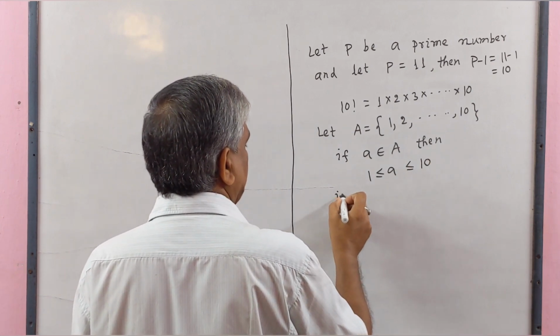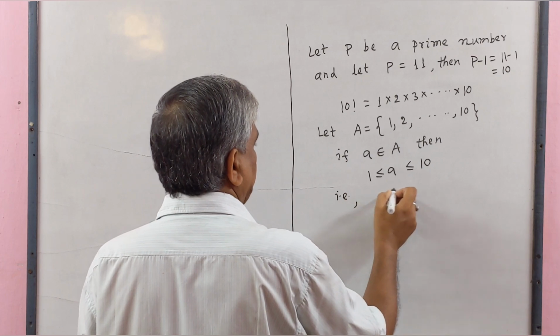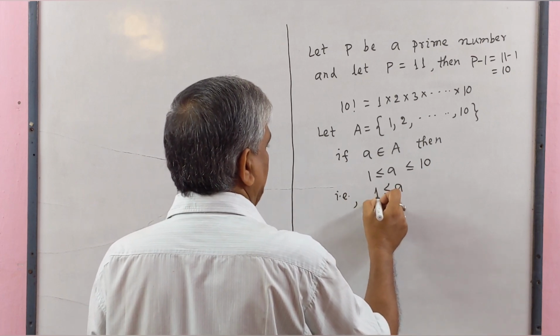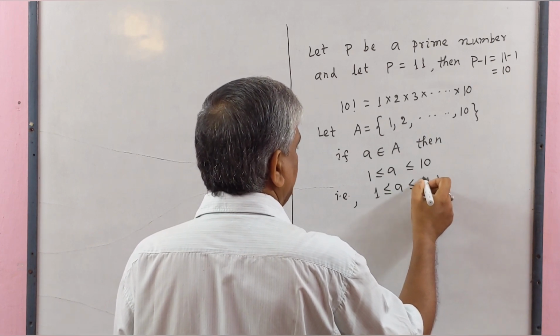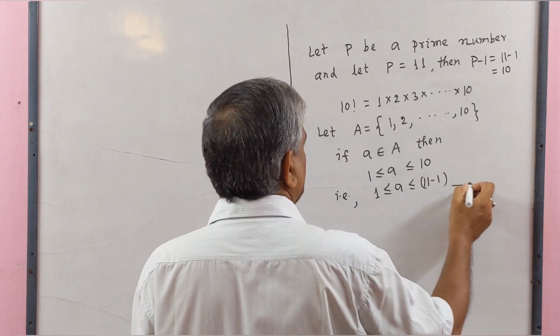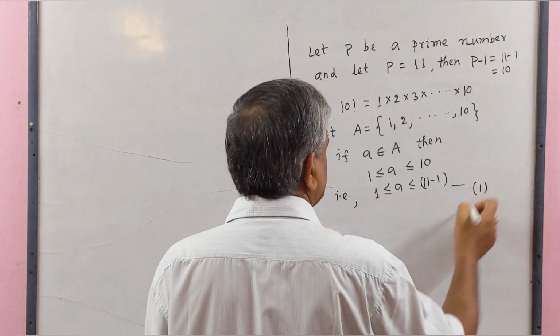That is, a is greater than or equal to 1 and less than or equal to 11 minus 1. Let this be number 1.